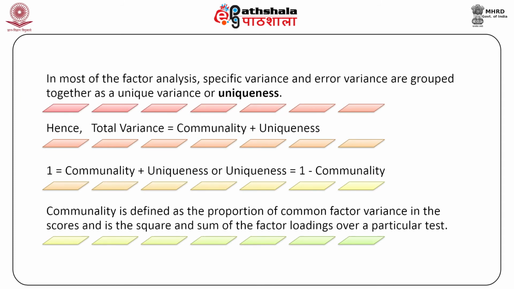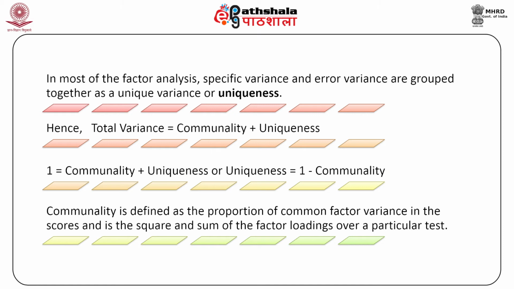In most factor analysis, specific variance and error variance are grouped together as unique variance or uniqueness. Hence, total variance is equal to communality plus uniqueness. 1 is equal to communality plus uniqueness, or uniqueness is equal to 1 minus communality.